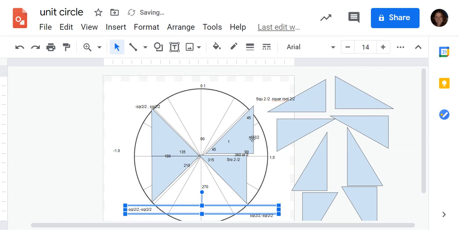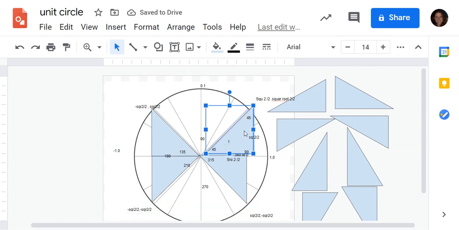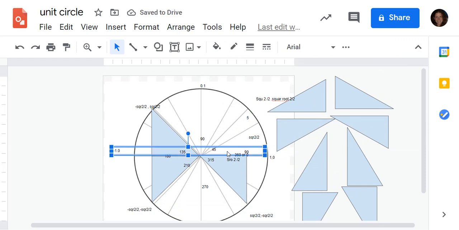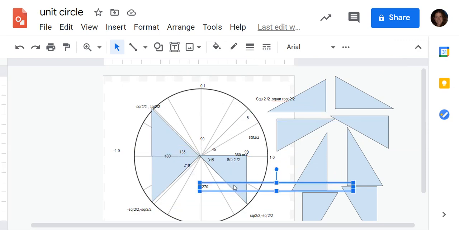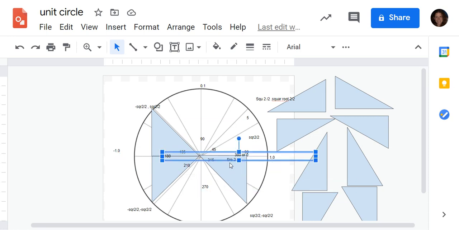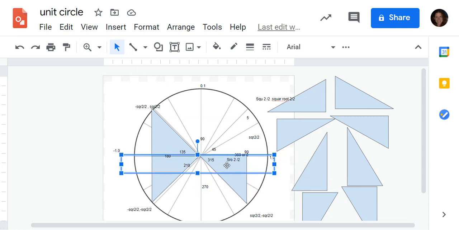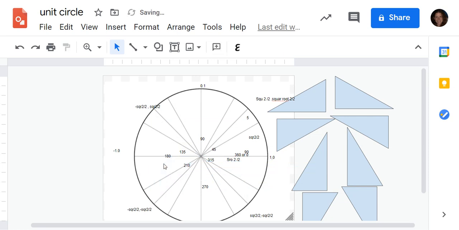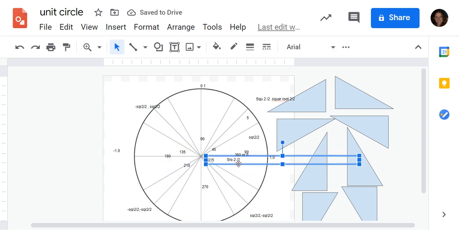Okay? So I am going to delete these lovely little 45, 45, 90 triangles, so that we can have it cleaned up a little bit better.